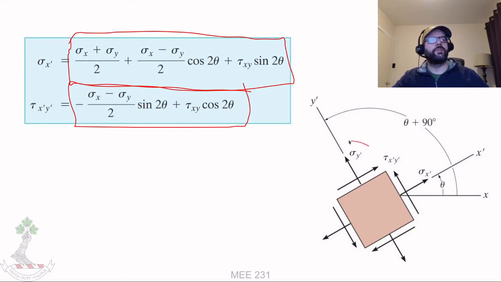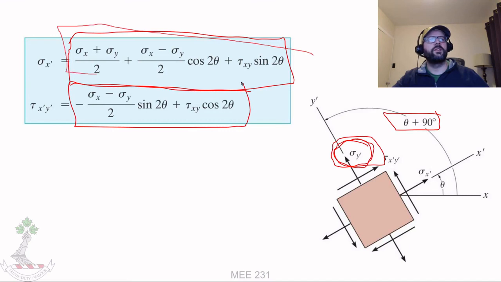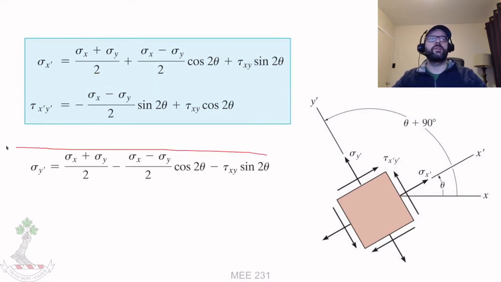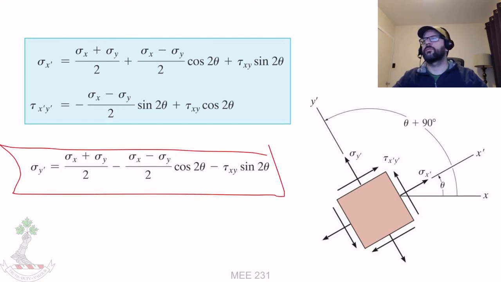And then if you want to find out what your sigma y prime is, basically all you need to do is plug theta plus 90 degrees into this formula, and it gives you your sigma y prime. So that ends up being this. And that's how you do transformations.